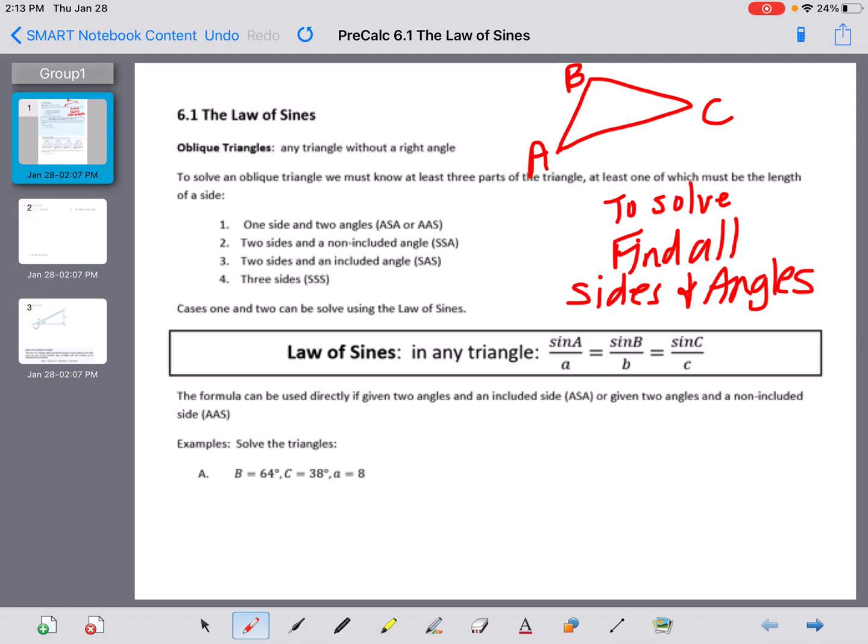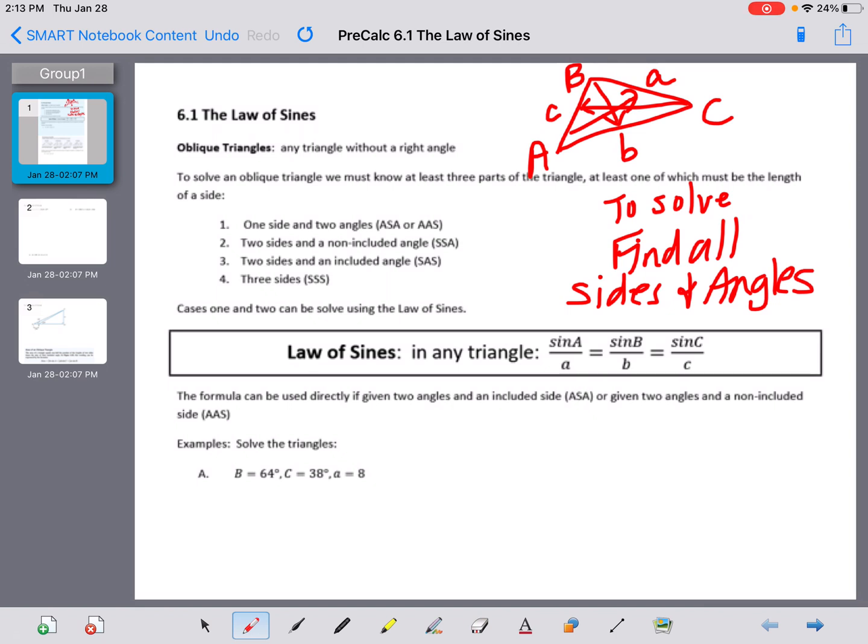Then side A, or little a, I'll call it, always comes from across from angle A. Side B comes across from angle B, and side C is across from angle C. Okay, so it's important to understand that when we go to these formulas, when they talk about angles A, B, and C, or sides A, B, and C, the relationship between the angle and its same letter is across from each other. So it's important to know that.